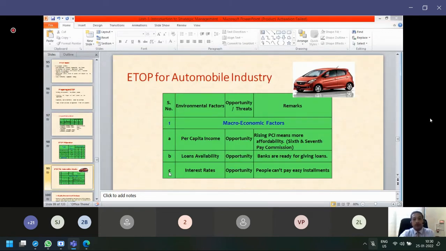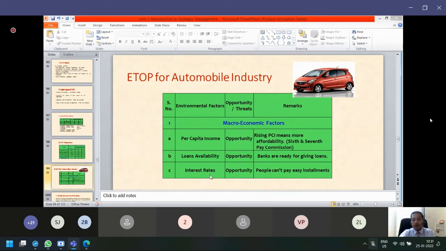The third environmental factor we can take is interest rates. Interest rates are also in favor of the company, so that is an opportunity if it has a +1 or +2 score. By calculation, as we did in the earlier slide, the interest rates are in favor of the company, with a +1 or +2 score.